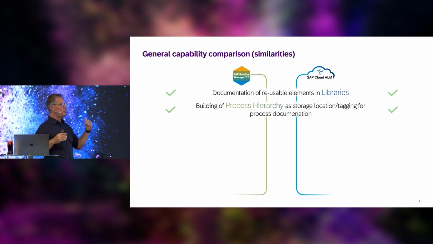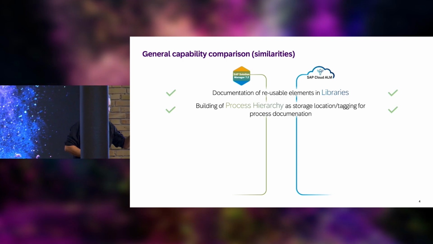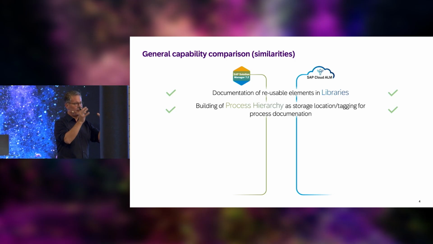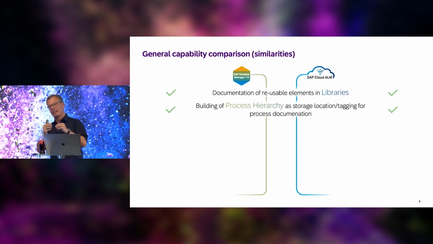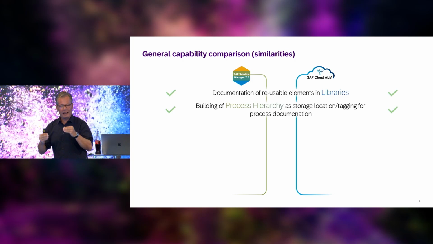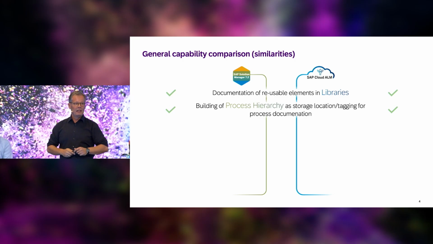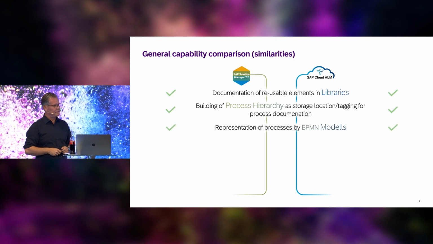If you look at the availability of the process hierarchy, on both sides it's available. It works slightly differently, because in Solution Manager it's a hierarchy where you assign elements, and they are really physically available there, while in Cloud ALM it's like multi-level tagging, where you assign the node to the element. What else? BPMN models.